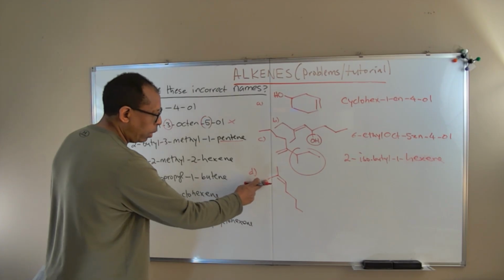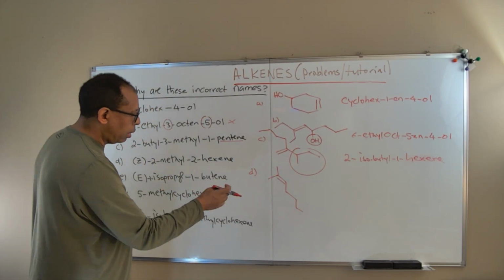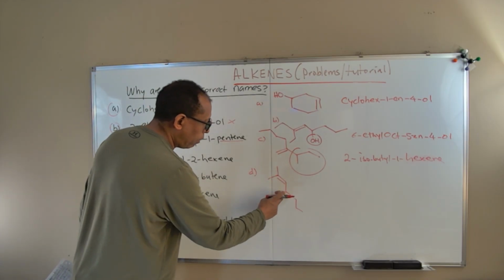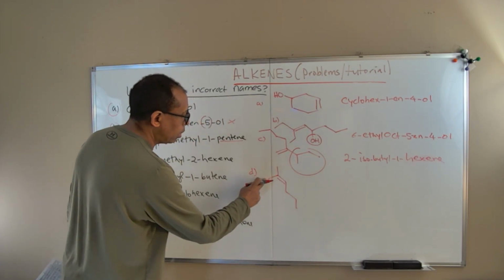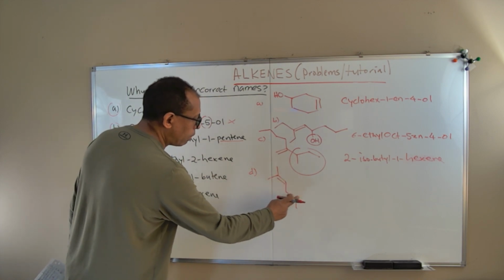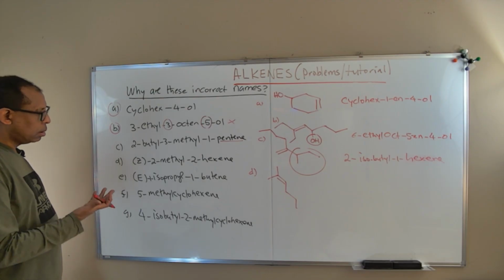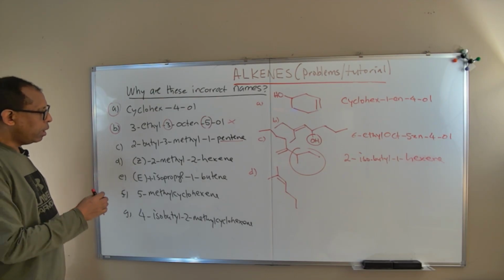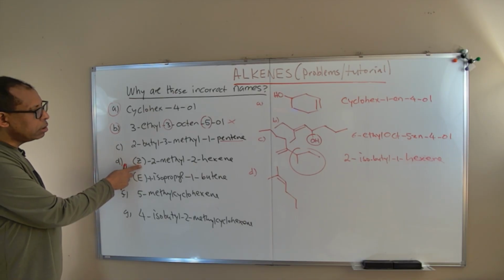So this is 1, 2, 2-methyl, and 1, 2, 3, 4, 5, 6. That structure is correct, except the only thing I can see is they didn't show the stereochemistry. It should have the number here.